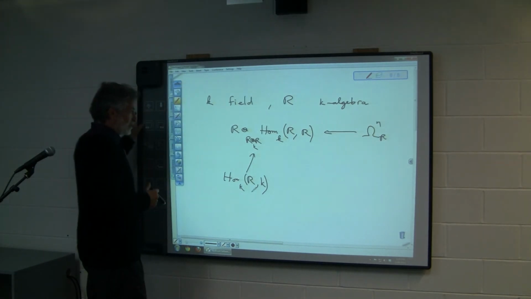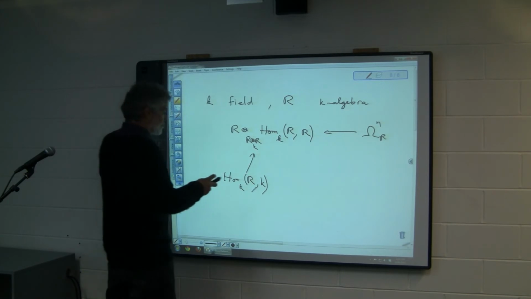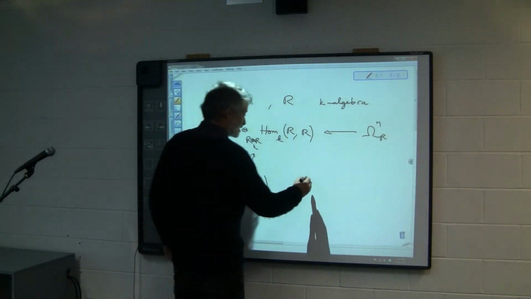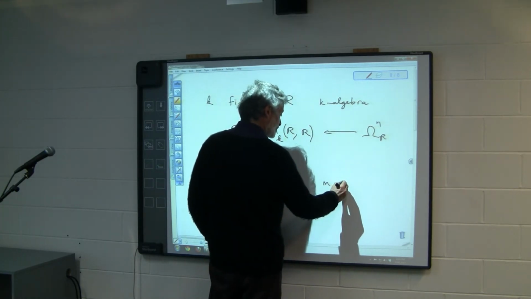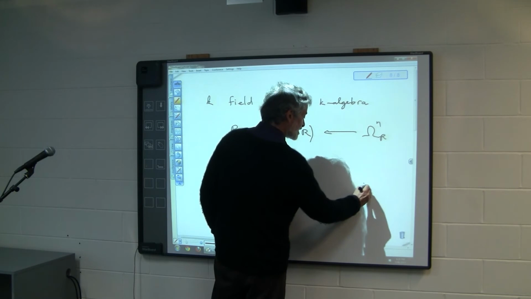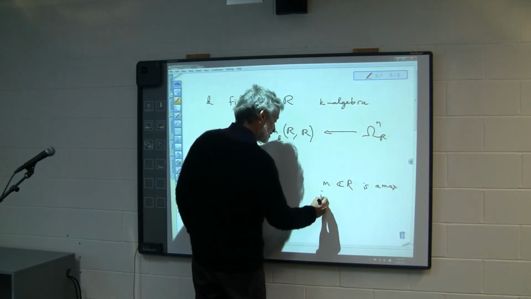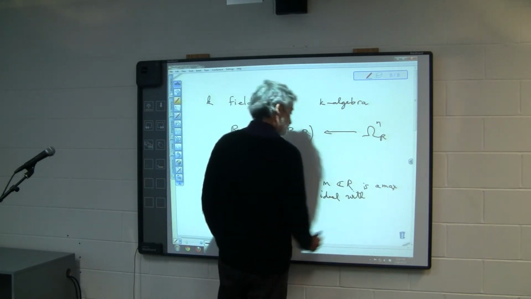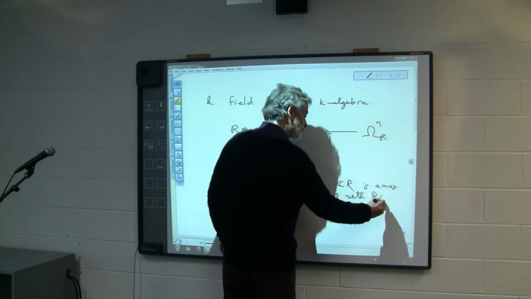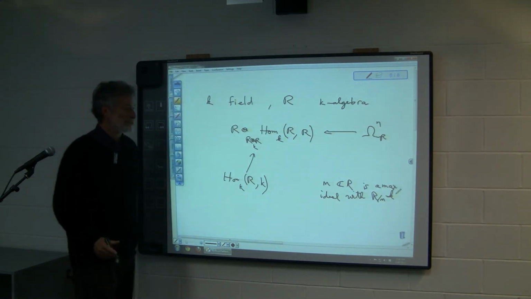Now, let's take this. So let M be a maximal ideal, M contained in R is a maximal ideal, with R mod M equals K. So suppose we have such a maximal ideal.